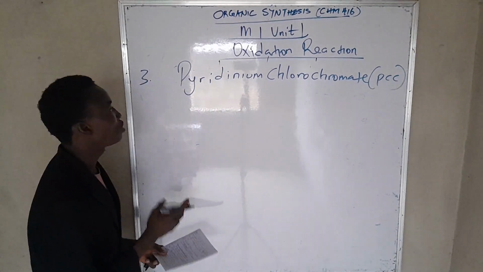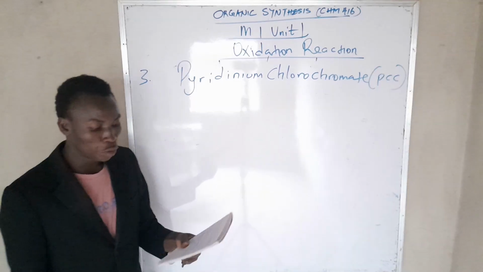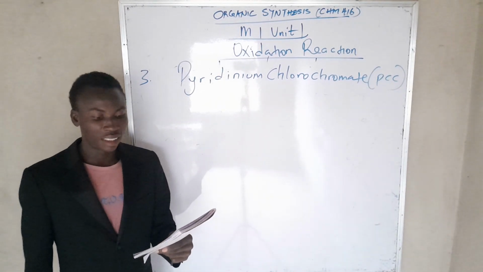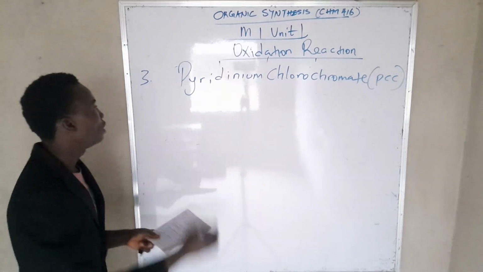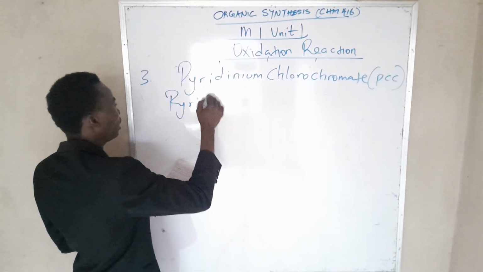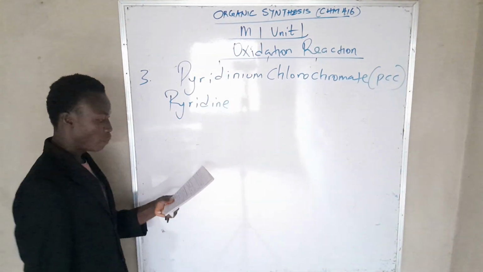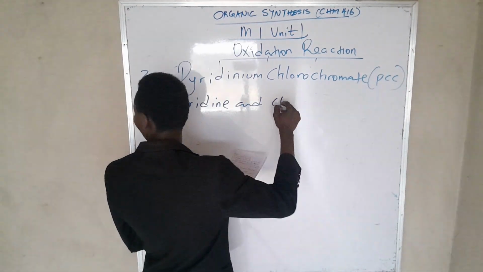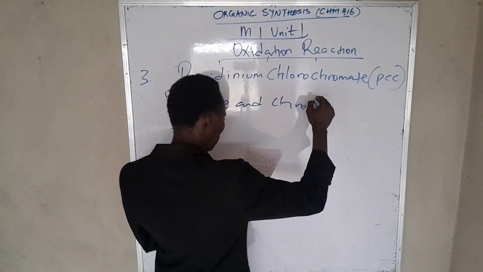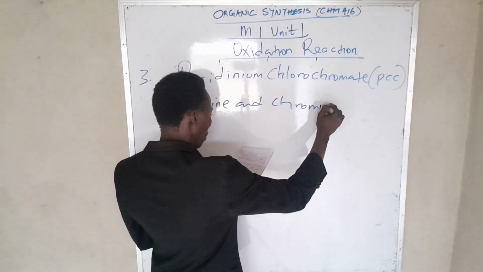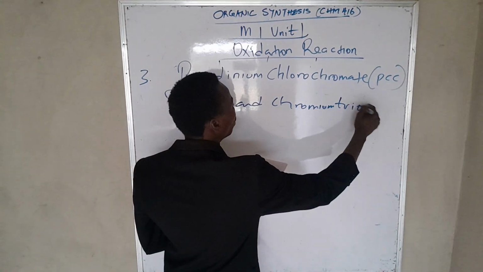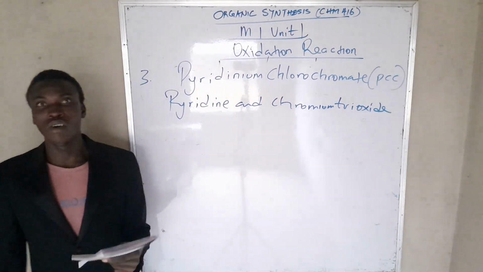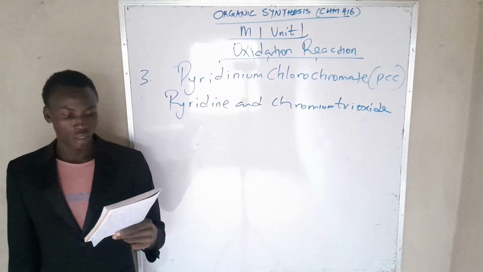So how do we prepare this compound? The preparation is the reaction between pyridine and chromium trioxide, and conc HCl.